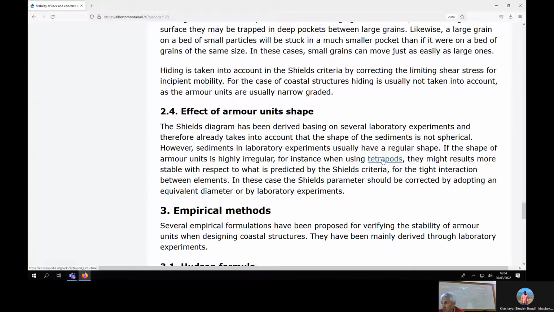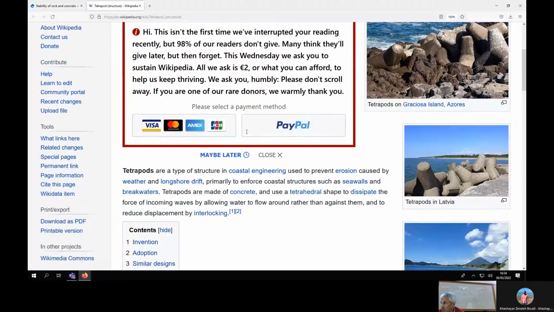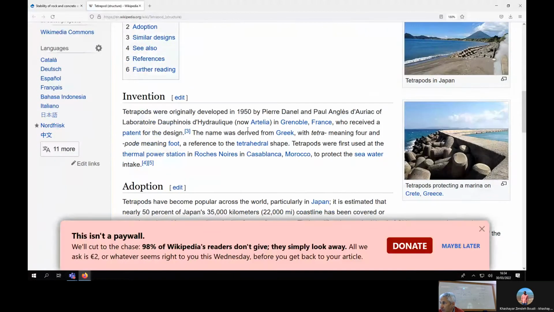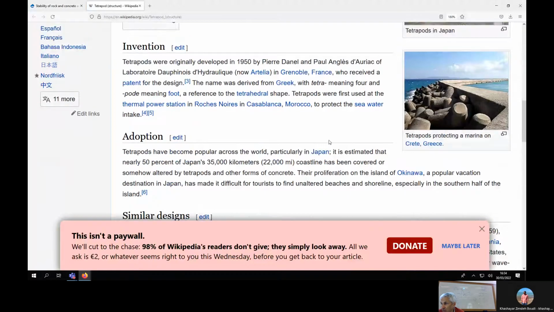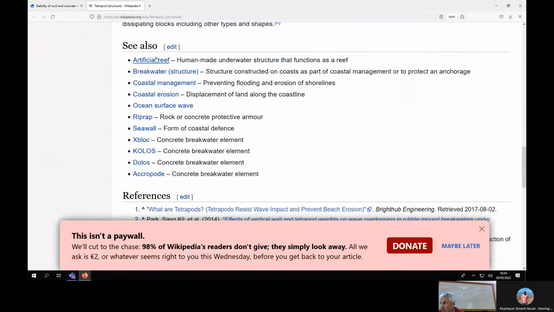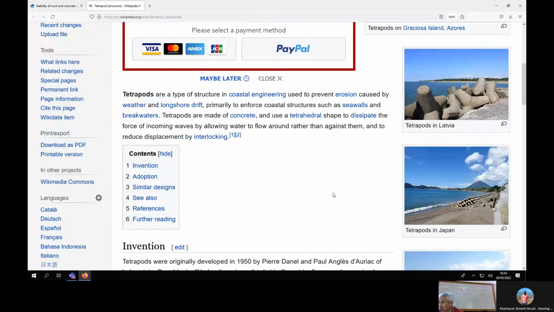The shapes that are typically used are tetrapods. There is a link here which gives an idea of how they are done. But there are several types of tetrapods, and here you see some examples, but there are several different shapes.